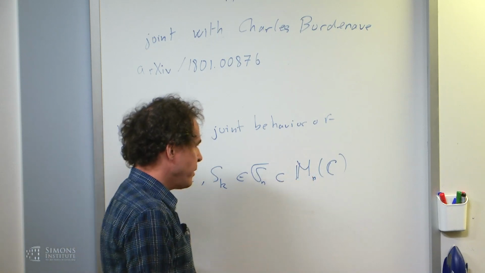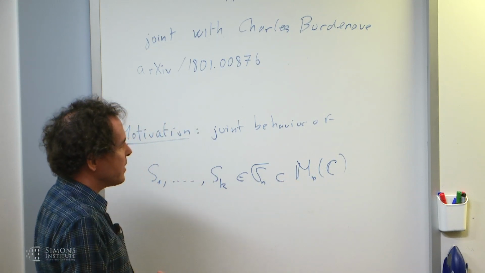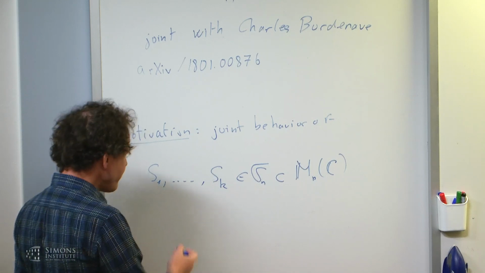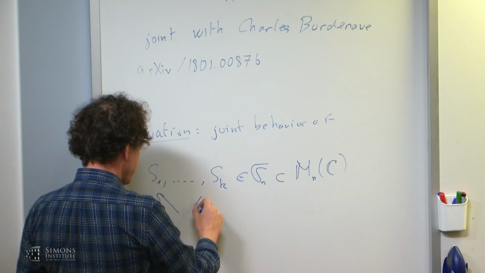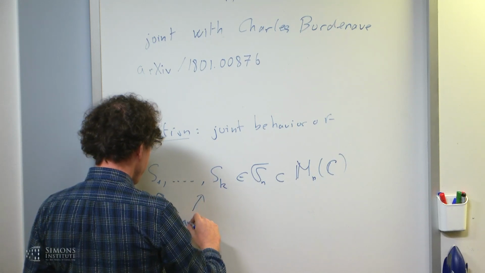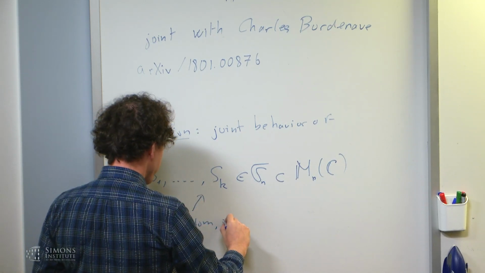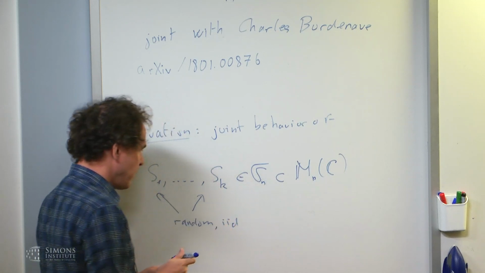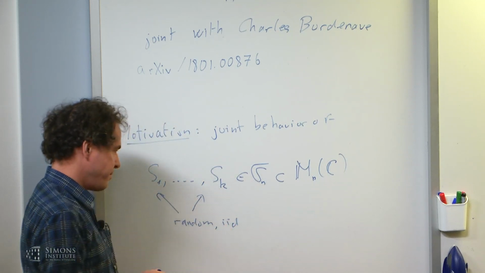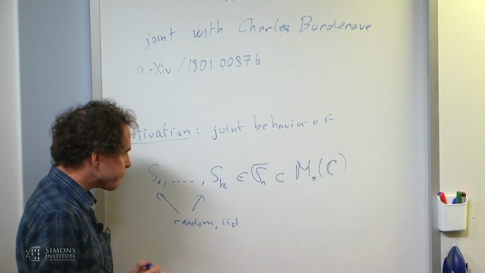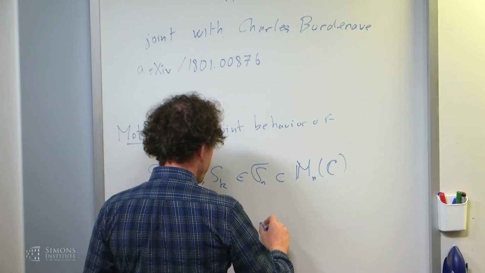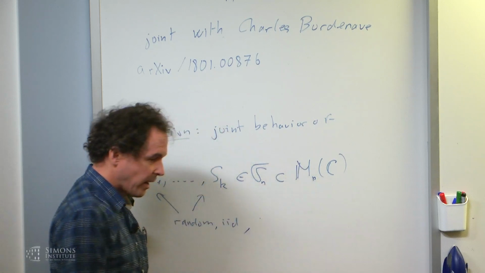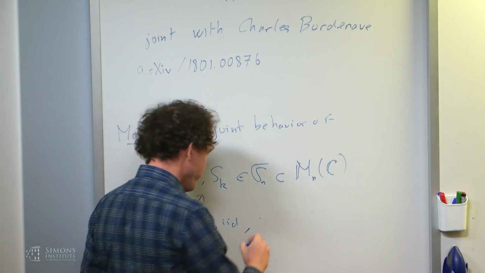So I view everything as living in this matrix algebra, and what I assume is that all these matrices are random, independent, identically distributed, and they are distributed according to the Haar measure on the symmetric group, the uniform measure.